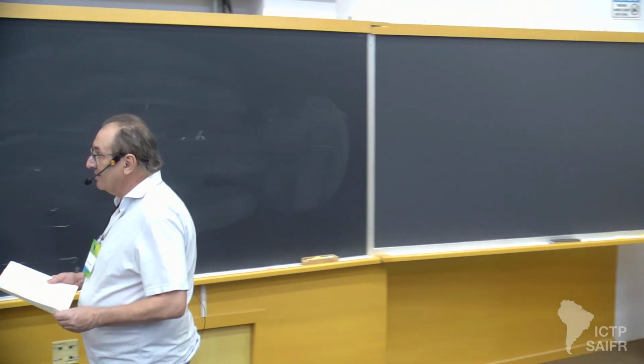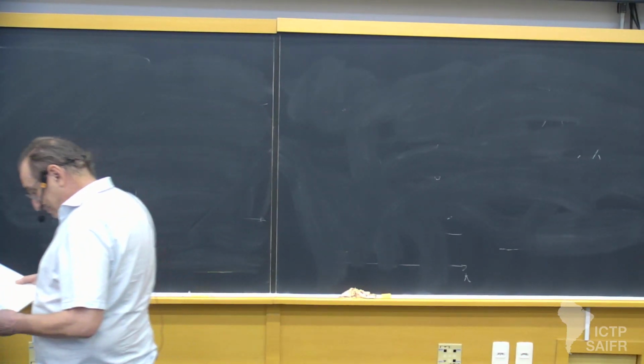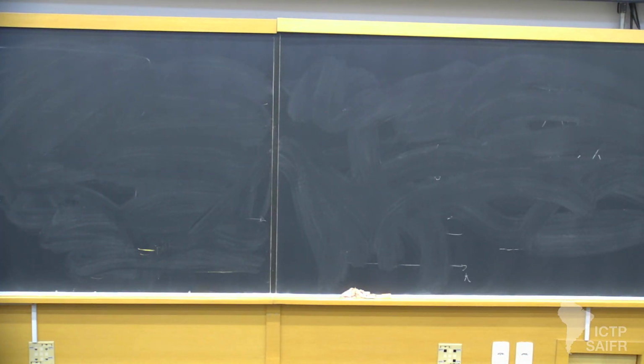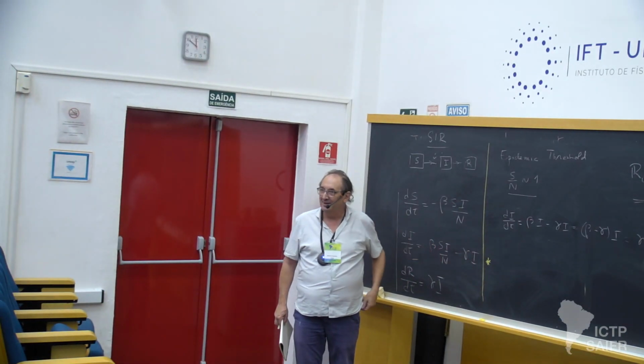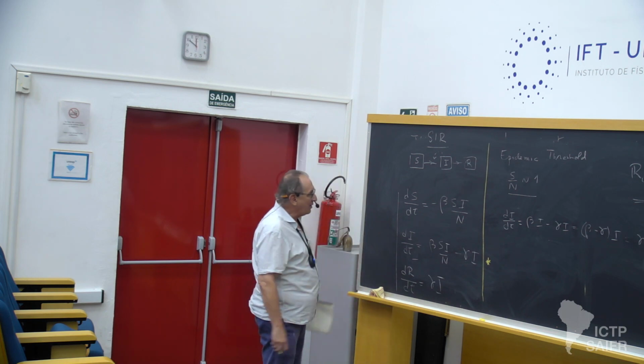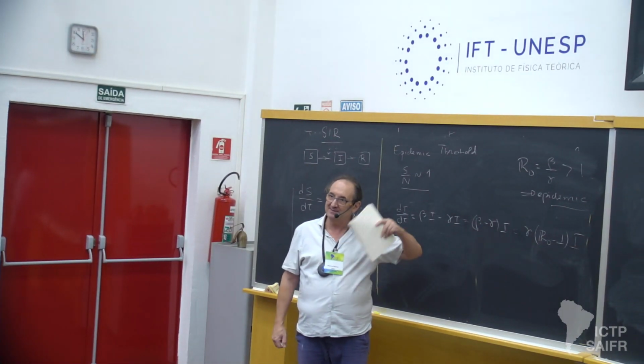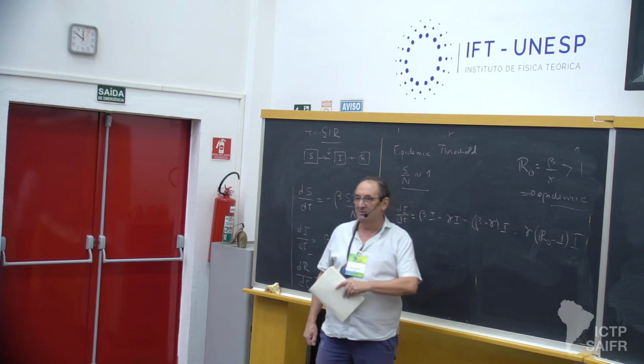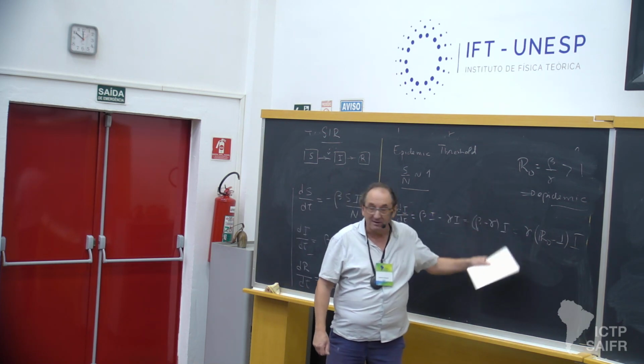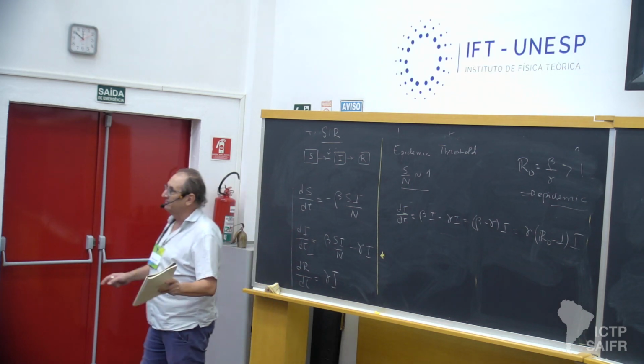So, is there something more funny about this? I mean, it seems it's so closely related to the first one. So that is actually a new word. And why? So the epidemic threshold depends on beta and gamma, or if you want on gamma and R0, it's the same thing.